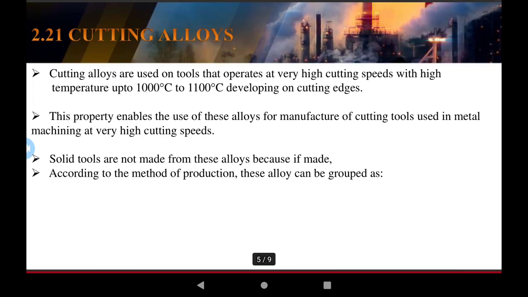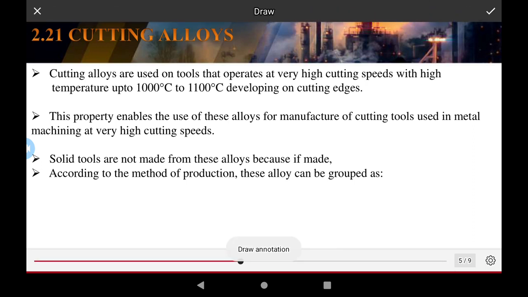Cutting alloys. Cutting alloys are used to make tools that operate at very high cutting speed, with high temperatures of up to 1100 degrees Celsius developing on the cutting edge.